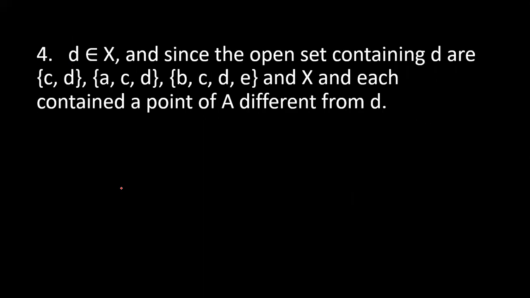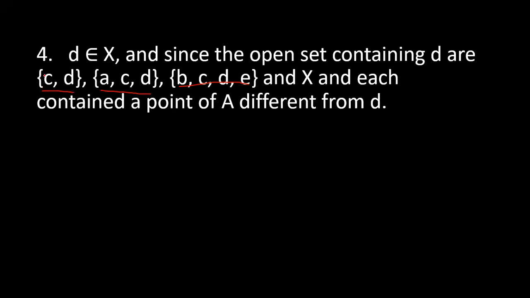So next we will check d. d belongs to X, and the open sets containing d are {c, d}, {a, c, d}, {b, c, d, e} and X, and each contains a point of A different from d. If we take the difference of these open sets with d and take the intersection with {a, b, c}, we will get at least one point.